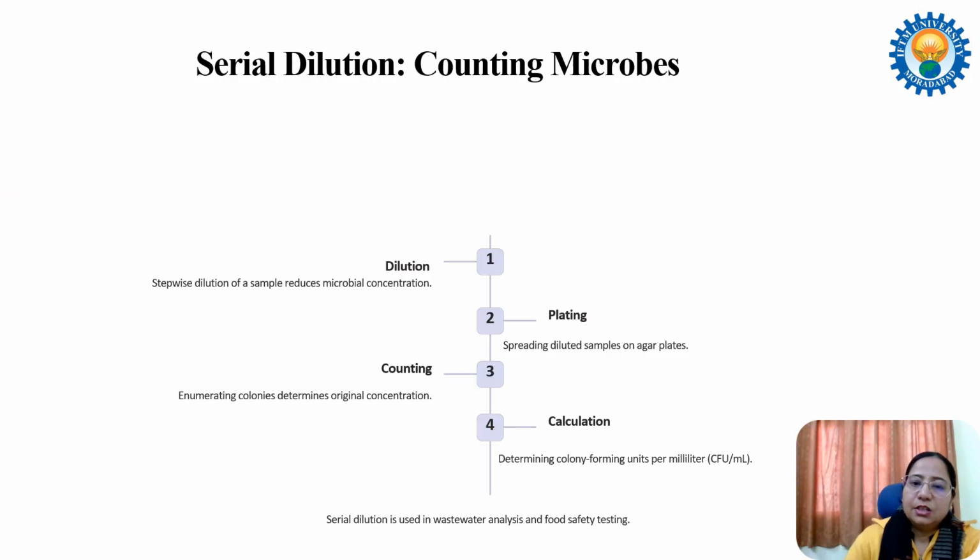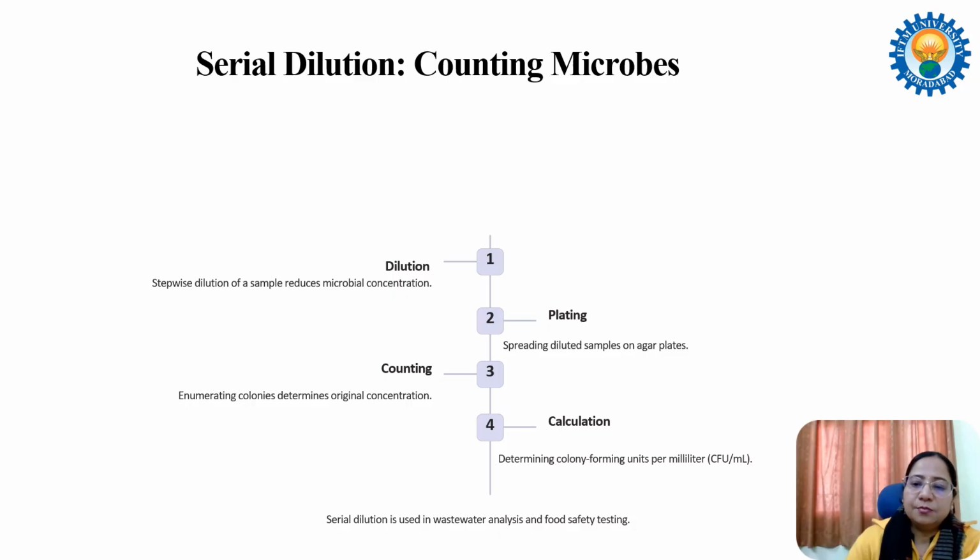Serial dilution. As we have discussed, before performing the streak plate technique, we have to take the culture. This culture can be procured by the spread plate technique, and before that, we have to go for the serial dilution. The main purpose of serial dilution is that it dilutes, or increases the distance between, the microorganisms.